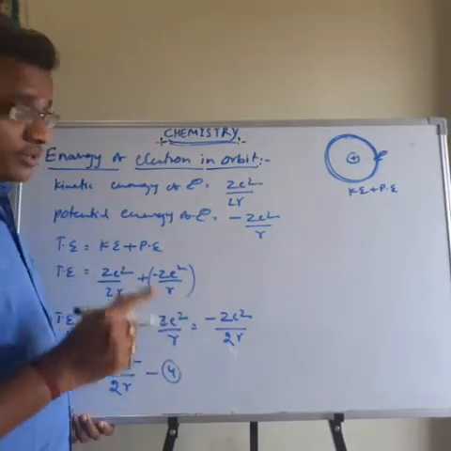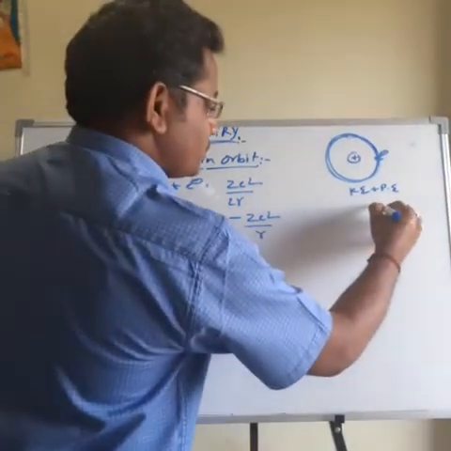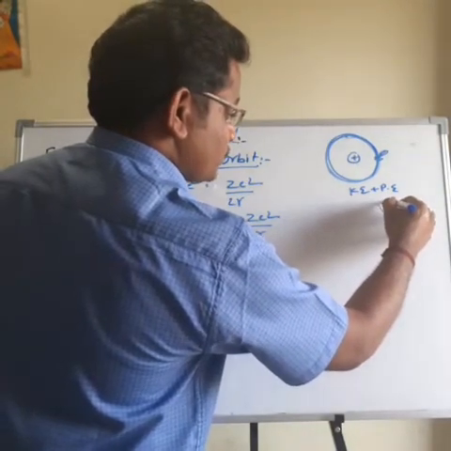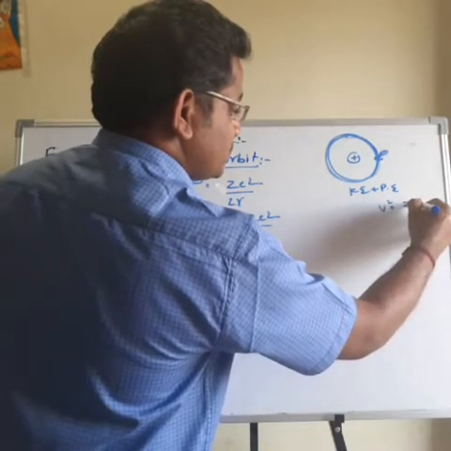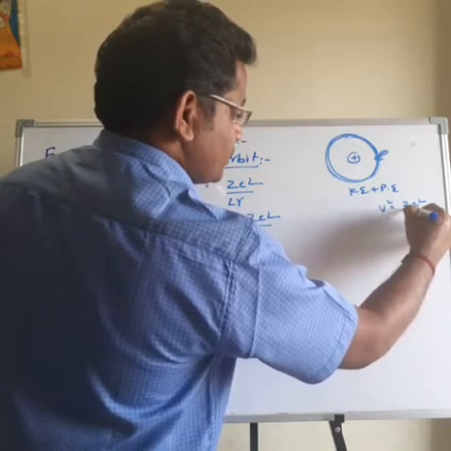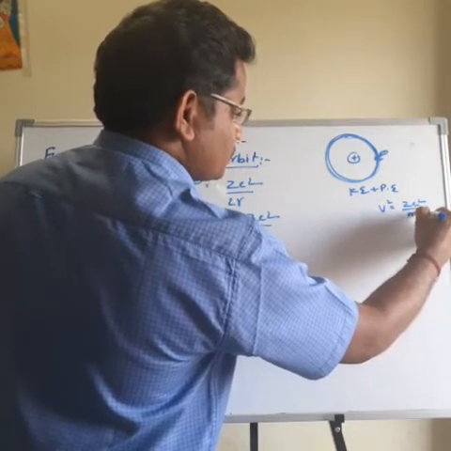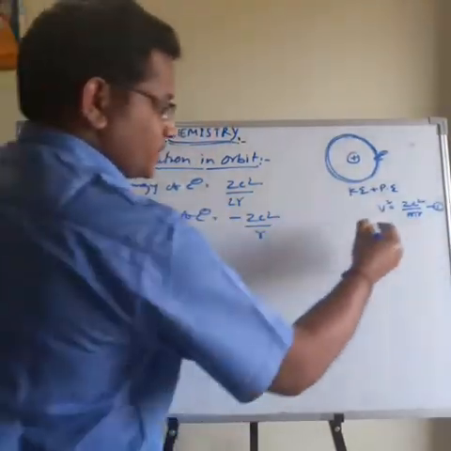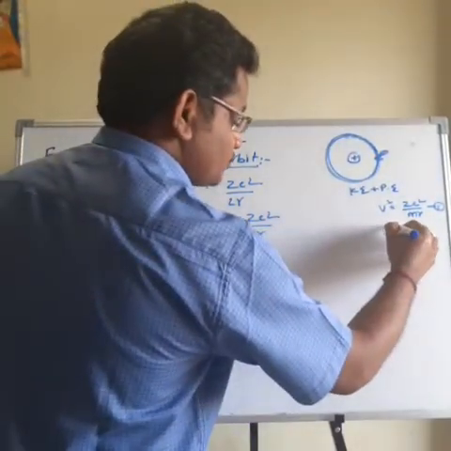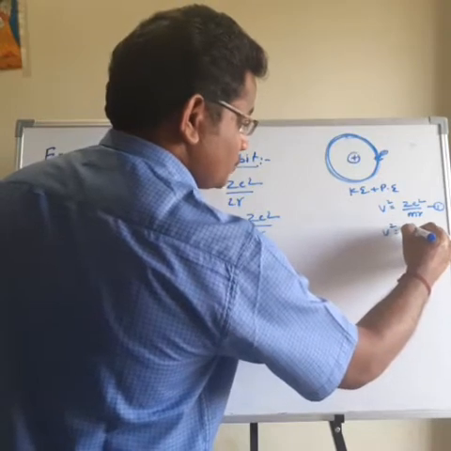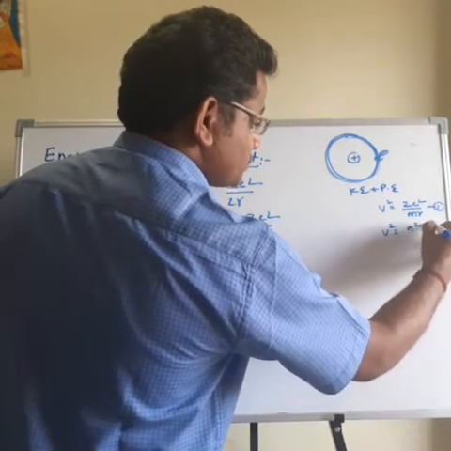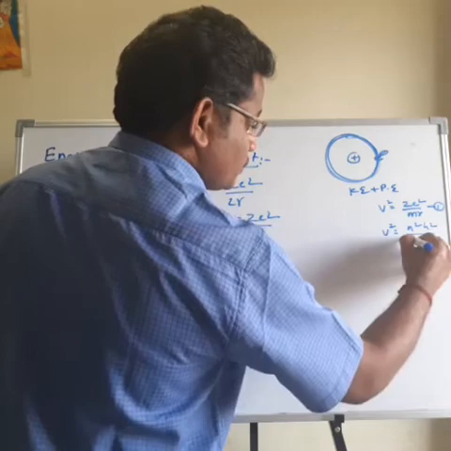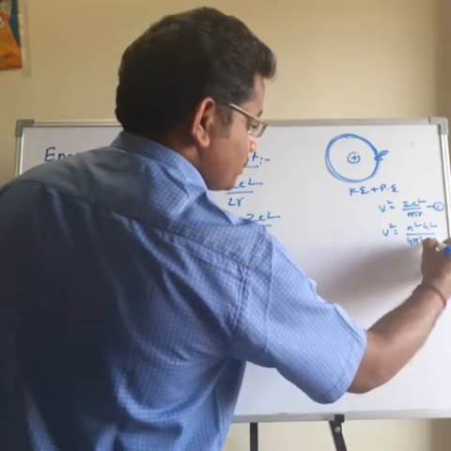Radius of orbit: equation 1, what I told you, is V square equal to Z E square by M R. So this is equation 1 in radius of orbit. Equation 2 is V square equal to N square H square by 4 pi square M square R square.